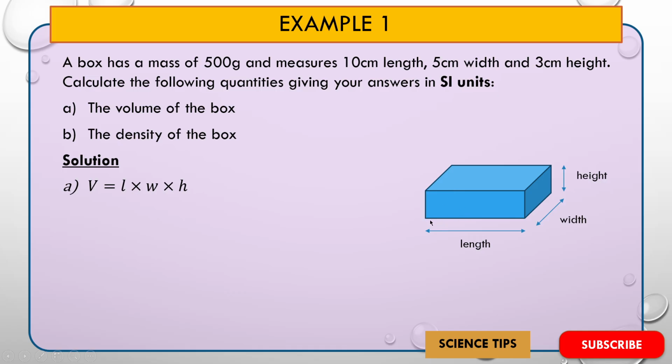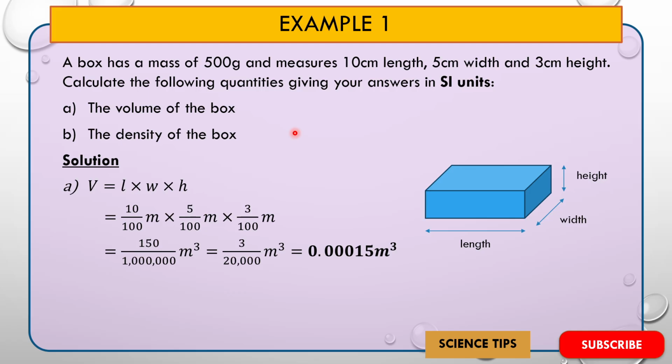So we must make sure that everything is in SI units. And so now that we've been provided this in centimeters, we need to convert them into meters. That means we need to divide by 100. So make sure every dimension is in meters, and you'll be able to work out the answer well and find it to be 0.00015 meters cubed.